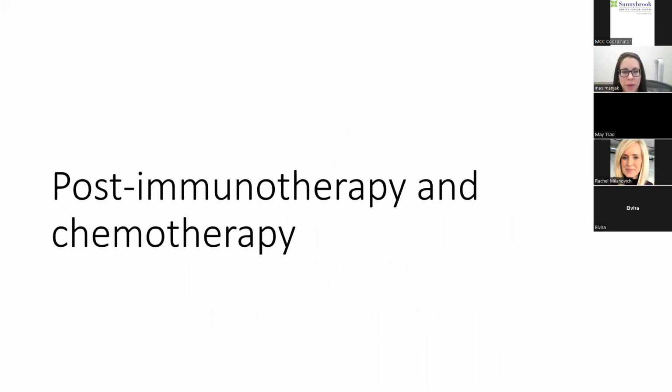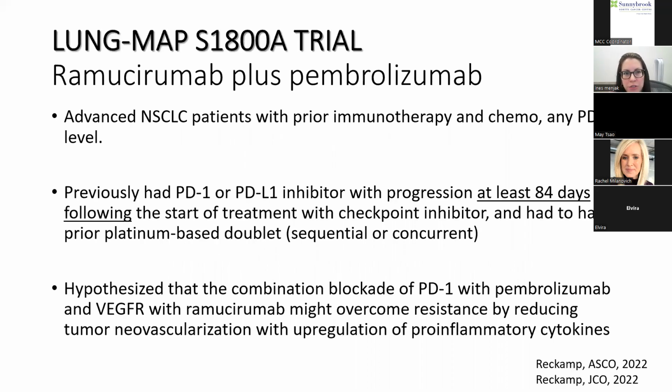In this difficult space, which is sort of third line or quasi third line now, post-immunotherapy and chemotherapy, there was a new study that was presented at ASCO and also published simultaneously in JCO. This was the Lung-MAP trial.